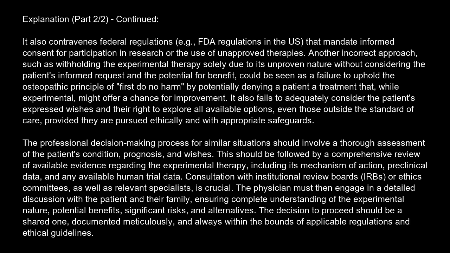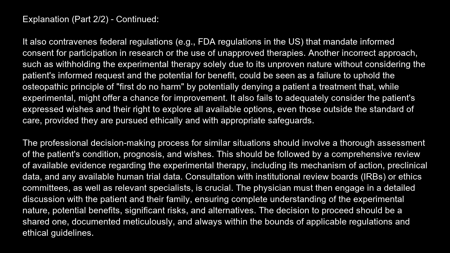The professional decision-making process for similar situations should involve a thorough assessment of the patient's condition, prognosis, and wishes. This should be followed by a comprehensive review of available evidence regarding the experimental therapy, including its mechanism of action, preclinical data, and any available human trial data. Consultation with institutional review boards, IRBs, or ethics committees, as well as relevant specialists, is crucial.